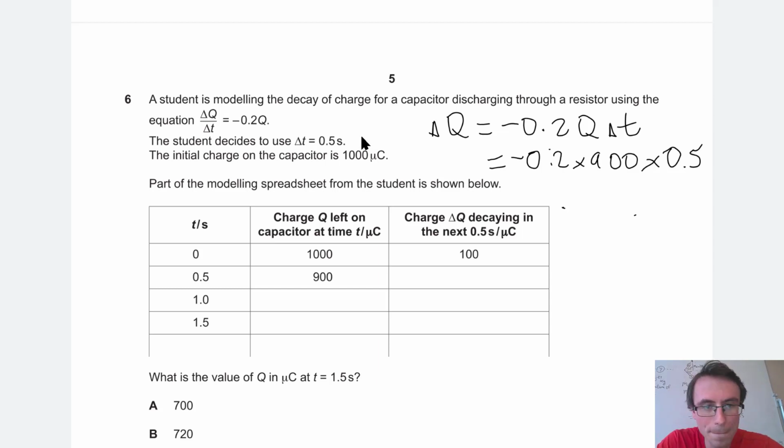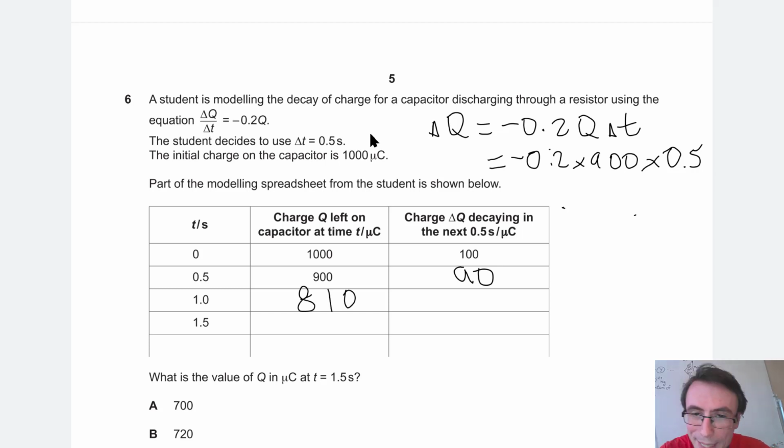So let's write it out. 0.2 times 900 times 0.5 is going to give me a delta Q of 90. Okay, this means that we're going to have 810 left here.